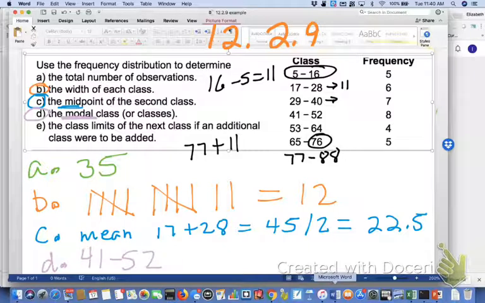Like 28 minus 17 is 11. 40 minus 29 is 11. 52 minus 41 is 11. So we know that the next biggest number has to be 77 because it's bigger than 76. And then we simply add 11 to get the upper bound, the highest number in that class. So the answer for E is that the next one will go from 77 to 88.